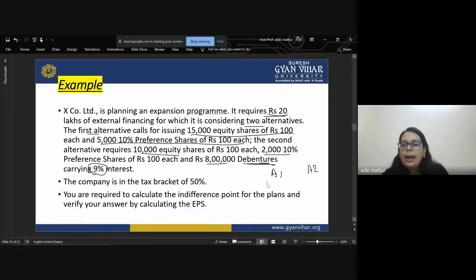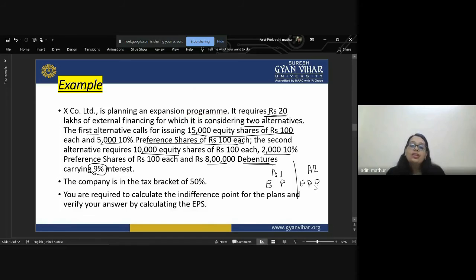So in 1 you have equity and preference, whereas in 2 you have equity, preference and debentures also. Further, we are given the information that the company is in the tax bracket of 50% and you are required to calculate the indifference point for the plans and verify your answer by calculating the EPS.